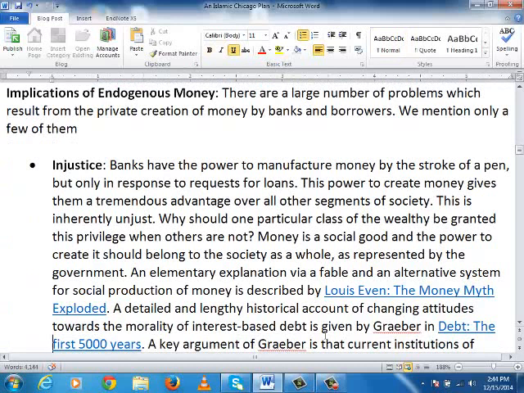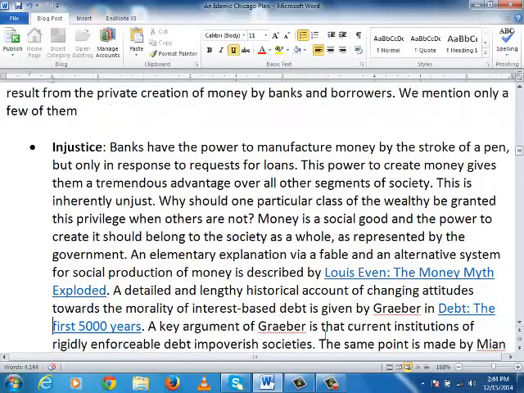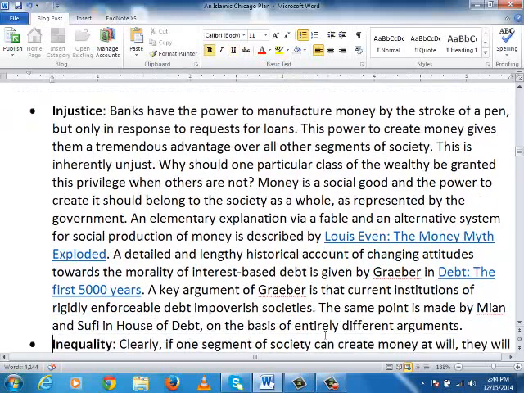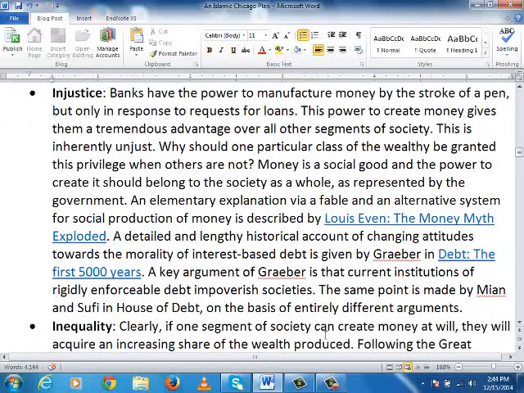So now, what is the problem with endogenous money? If the private sector is allowed to create money, there are lots of problems. One of them is injustice. Why should the bank be allowed to create money and others not?